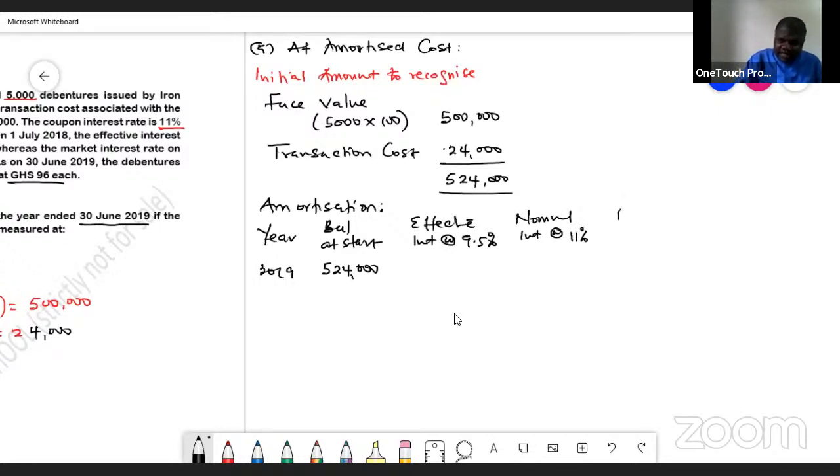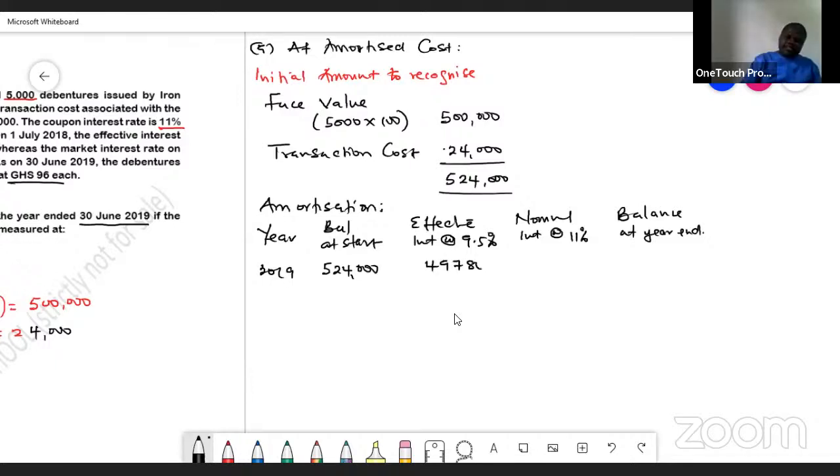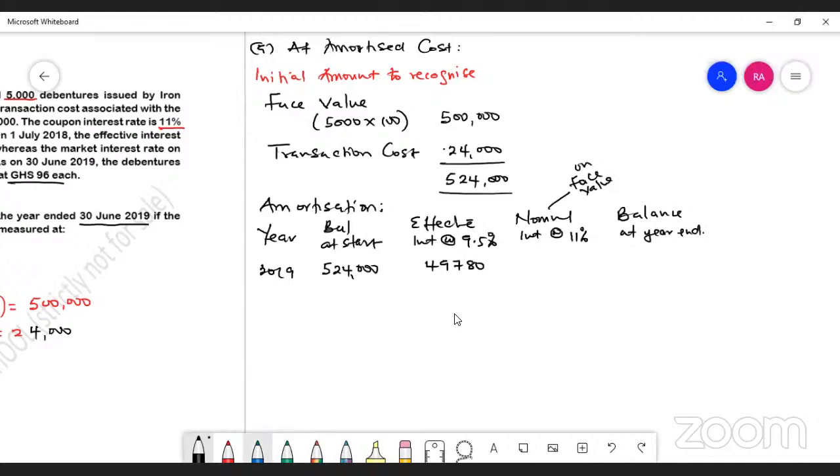Then we have balance at year end. So 9.5% of 524,000 gives us how much? 49,780. And then 11% of the face value, 500,000. This is always on face value. That's 55,000.